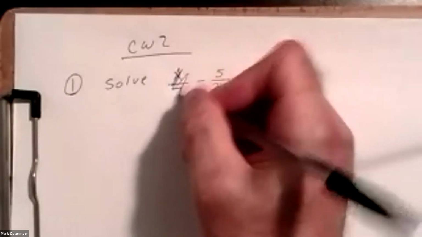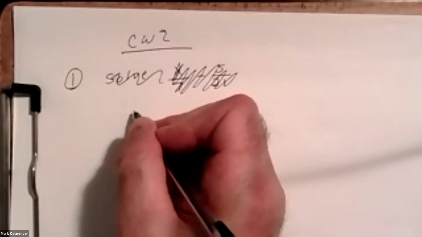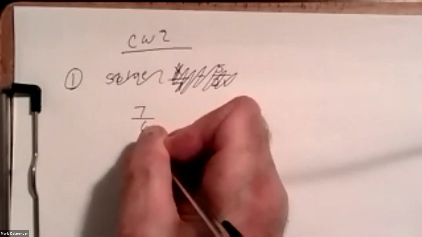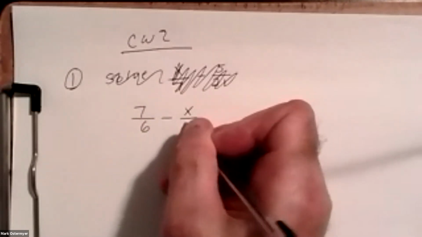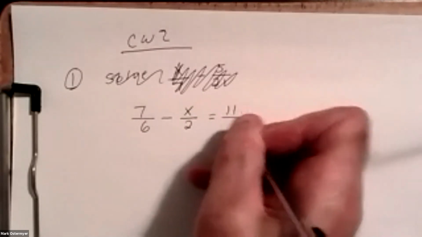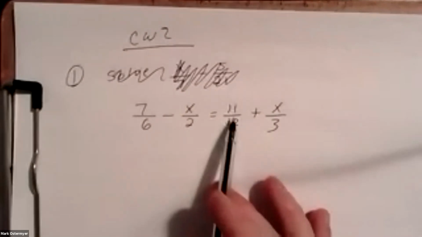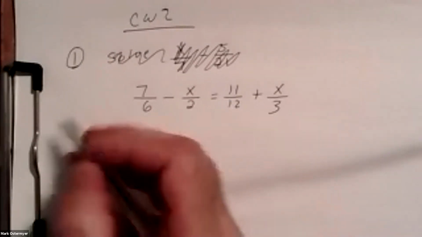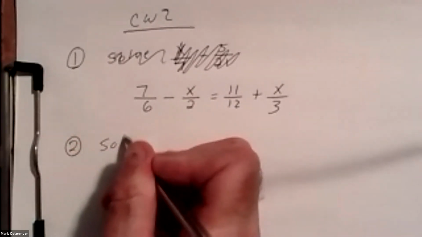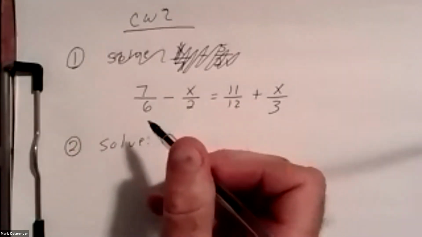Wait a minute, we already did this one. My bad, hold on. Number 1, I want you to solve this one. And I recommend that we get rid of our fractions first, okay? Number 2, let's see if you can solve this one here.